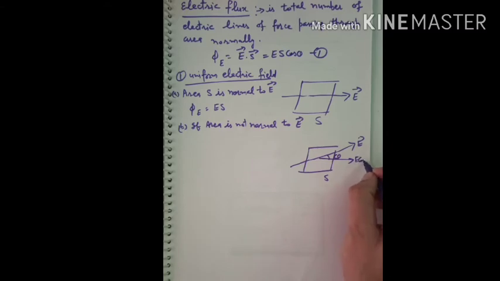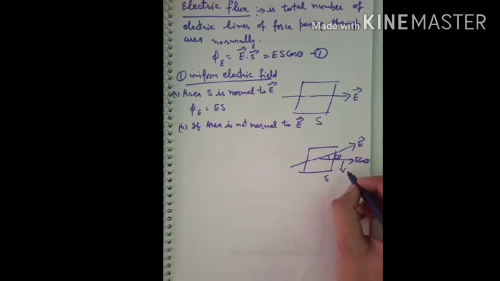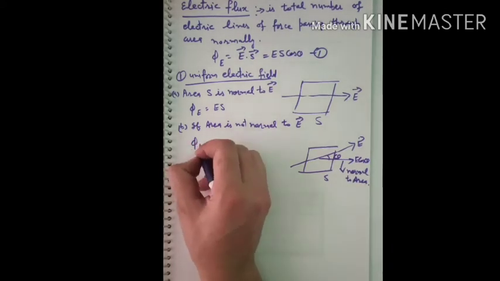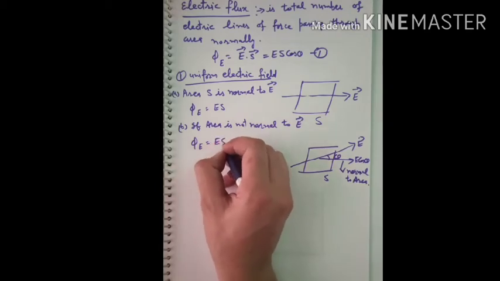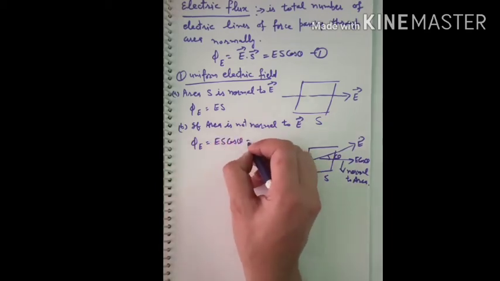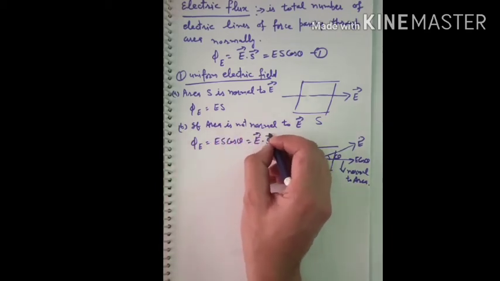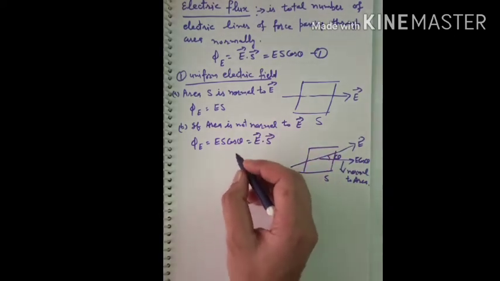So this is E cos theta. This vector is normal to area. So in this case, phi E is equal to E S cos theta, which is equal to E vector dot S vector. So this is the first case.